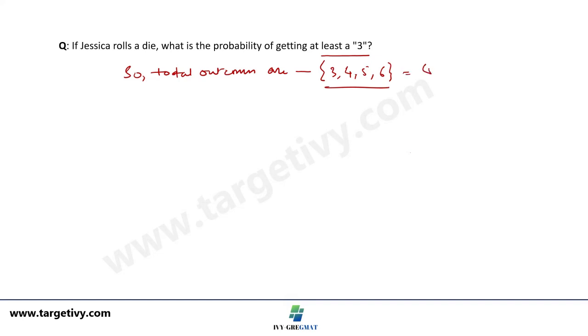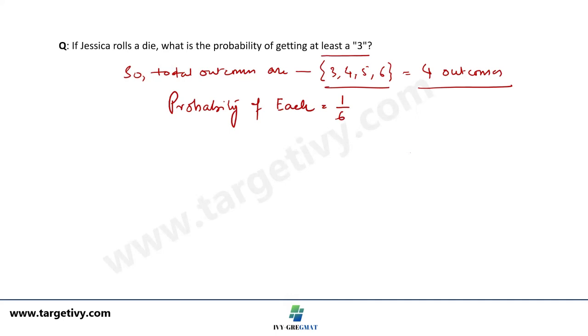So it's 4 outcomes. And the probability of each outcome is 1 by 6.